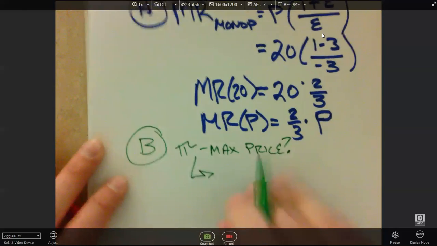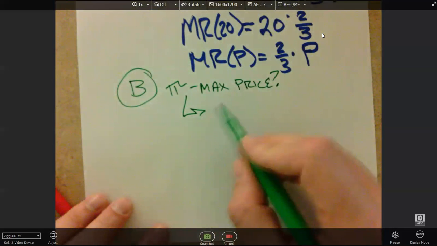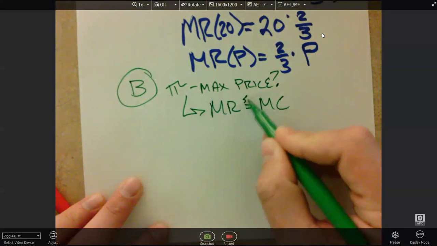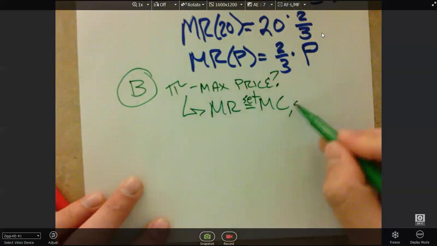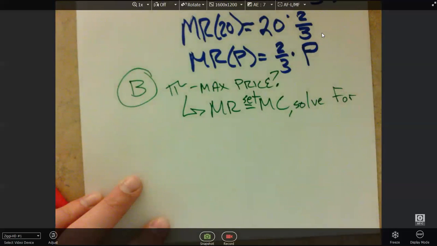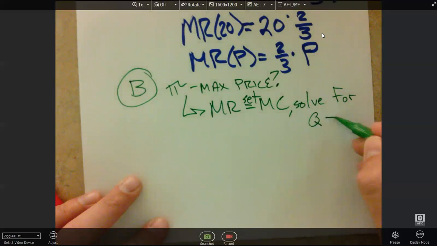Well, it doesn't matter if it's a monopolist, monopolistic competition, or perfect competition, right? We're going to be setting marginal revenue equal to marginal cost and then solve for either Q or P. Usually we solve for Q. If there's no Q, then solve for P.